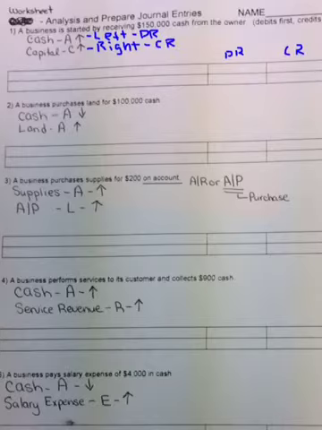Now there is a cheat when we have cash involved that you can use. The first question you want to ask when you're looking at a transaction is, is cash involved? If the answer is yes, you can look and see what's happening to cash. In this case, cash is going up, so that means that it will go on top.